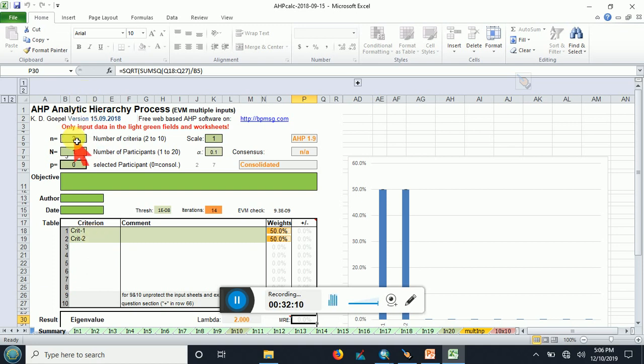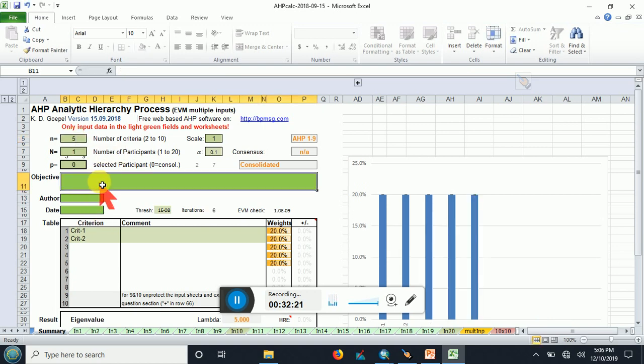So N is the number of criteria. How many are they? 5, yeah? Rainfall, drainage density, yeah? There are 5, so you have to write 5 here. You can see it will automatically show you the bar chart. And our objective is determining the groundwater potential zone.